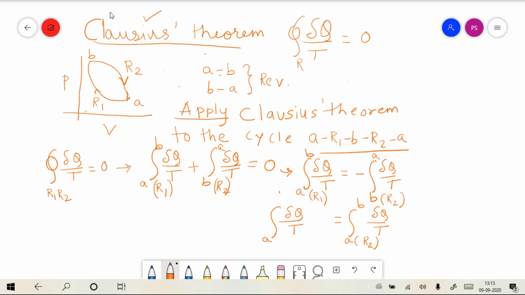It means that this term you see here is independent of the path taken.